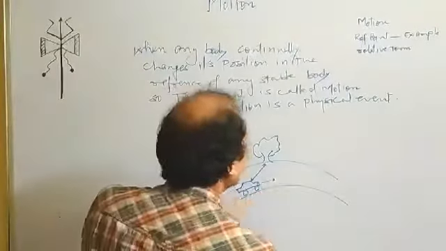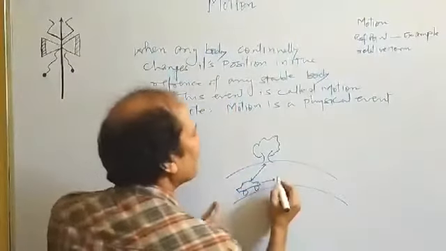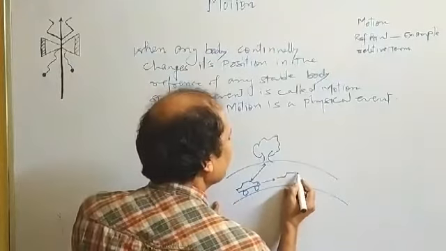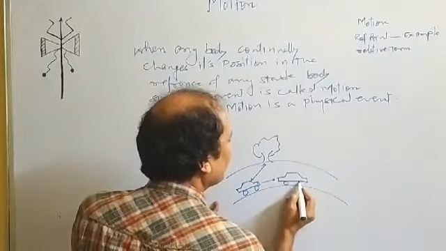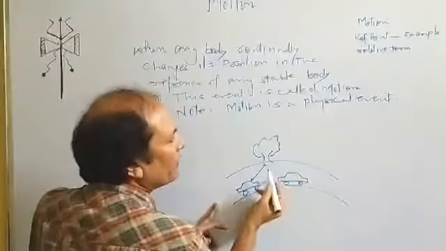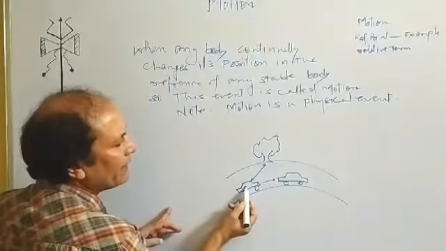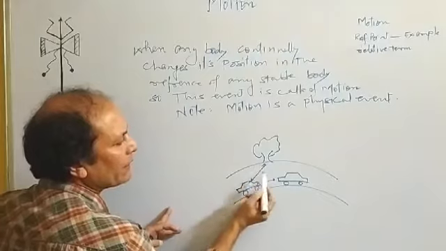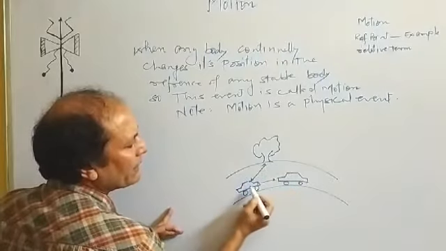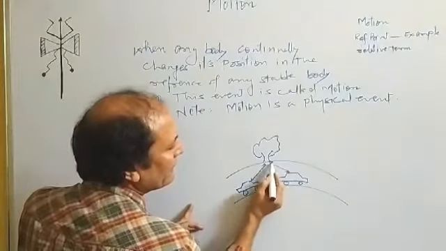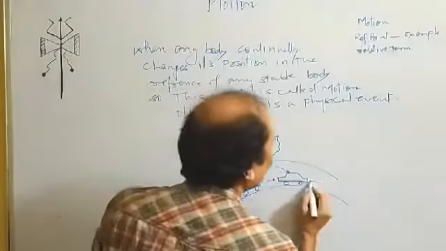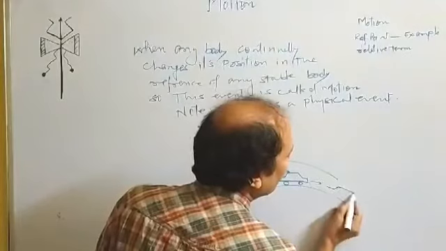But suppose the car moves and covers some distance and comes here. Now the car was here, the distance was this, but now the car is here and the distance is this. Suppose after proceeding, now the car is here.